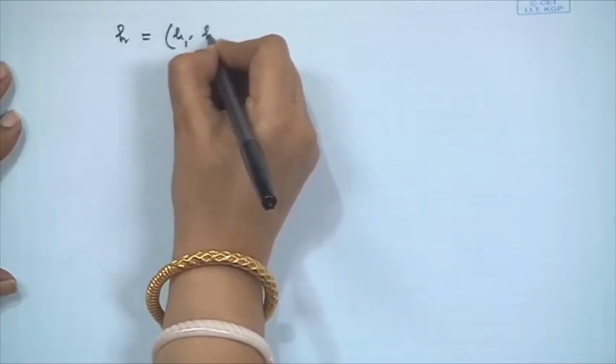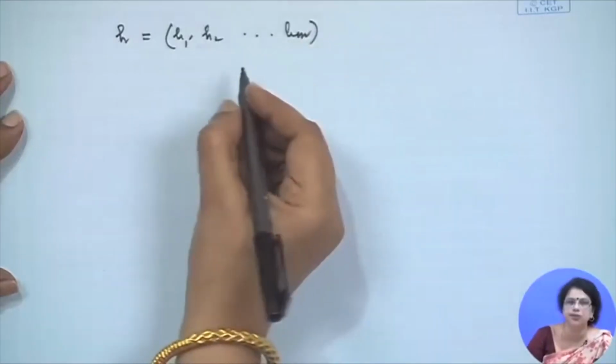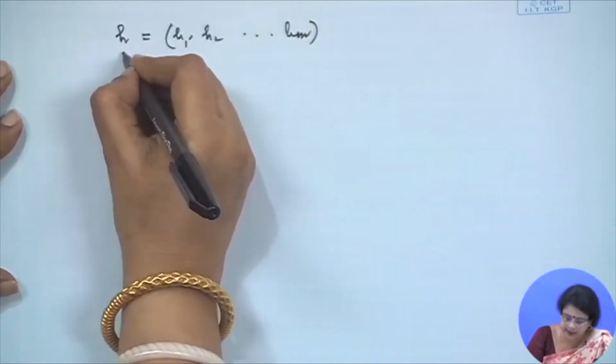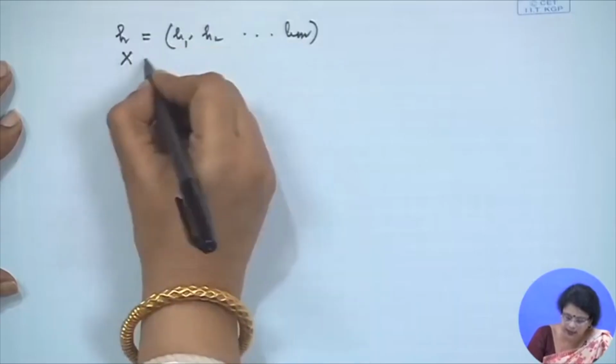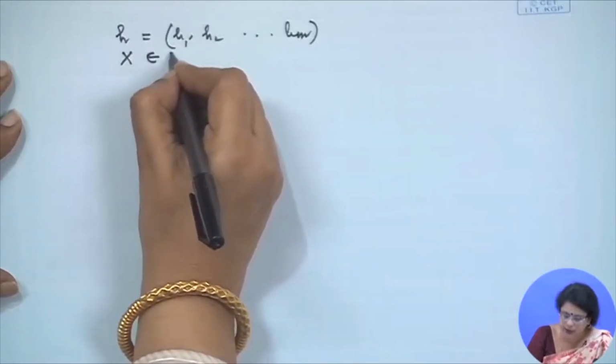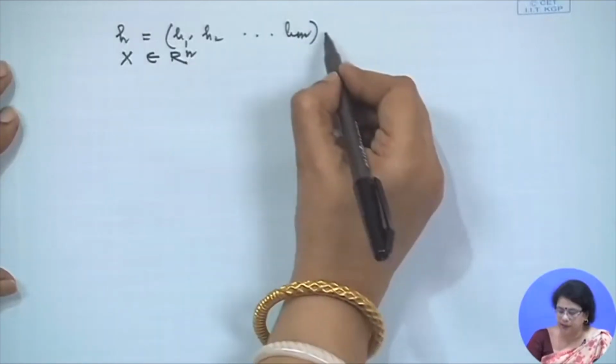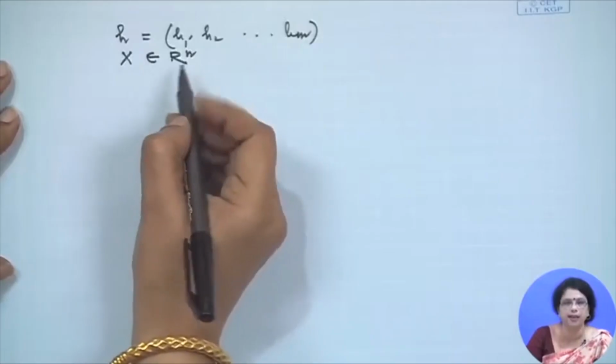H1, H2, up to Hm. There are m number of constraints, and H1, H2, Hm are all functions of x which belongs to Rn, alright. That is why there are m constraints and n variables.